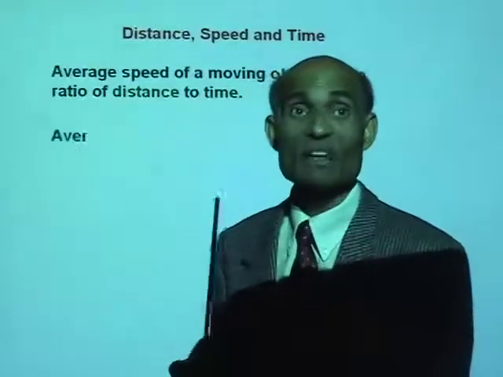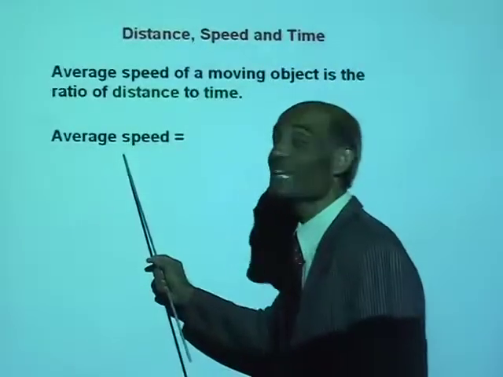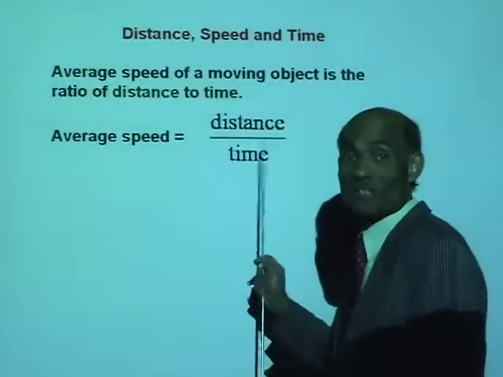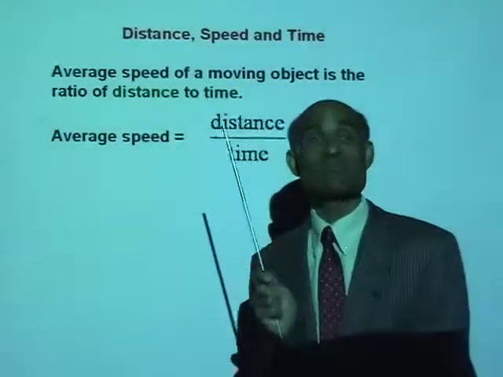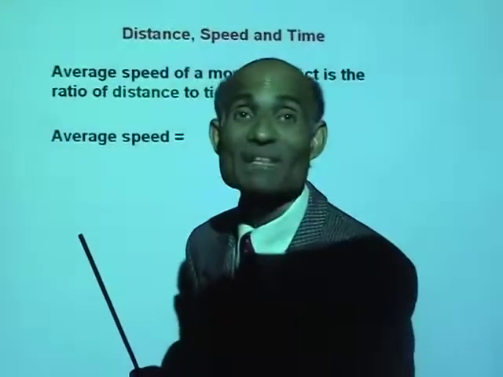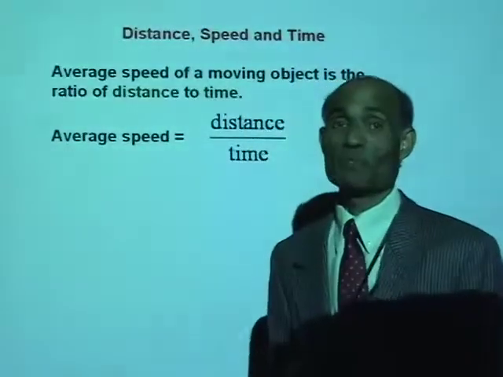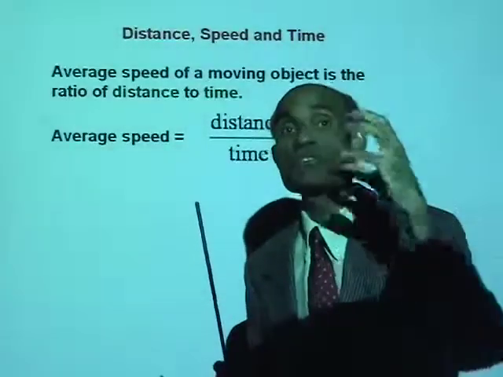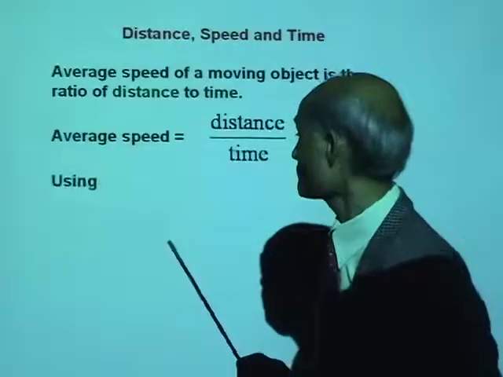And I can write it like this: average speed equals distance moved divided by the time taken. So speed equals distance divided by time. You must know that. Speed is a ratio of distance to time.